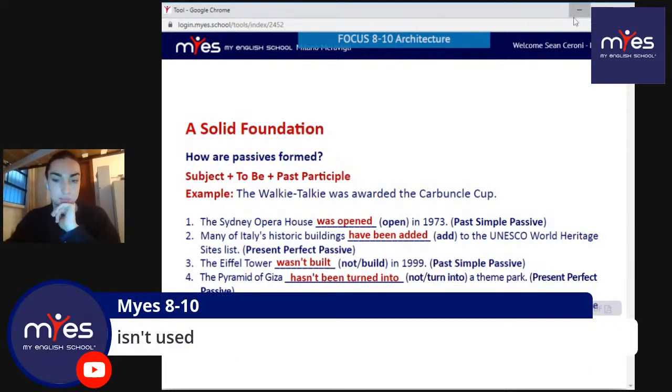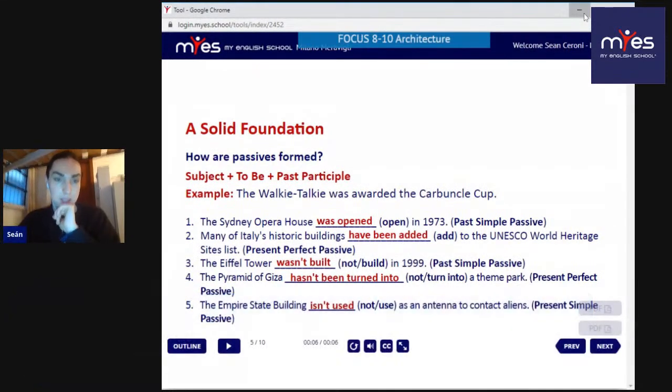I think present simple passives can maybe be confusing because when we see a past participle, we don't think about the present tense, or certainly not present simple. But this is the way the passives work.